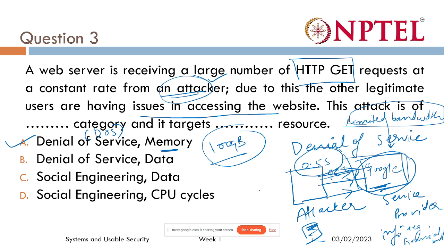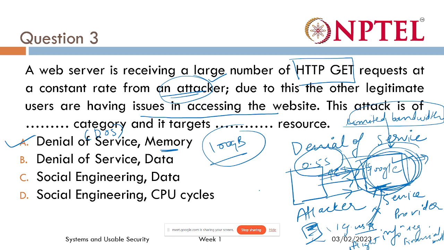So this memory gets full. When the entire bandwidth of the server is occupied, now let's say some legitimate user comes and wants to book a flight ticket, and he puts a GET request to Google's server, but the entire bandwidth available to serve requests is exhausted.